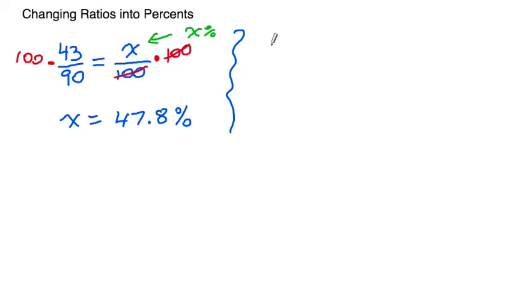Alright, so another way of doing this is to recognize what's always going to happen. So if you have a ratio, A over B, and you want to know what percent A is of B, you're going to write over here x over 100. So what percent of B is A is the correct way of phrasing it. Alright, so over there we multiplied by 100, so do the same thing.